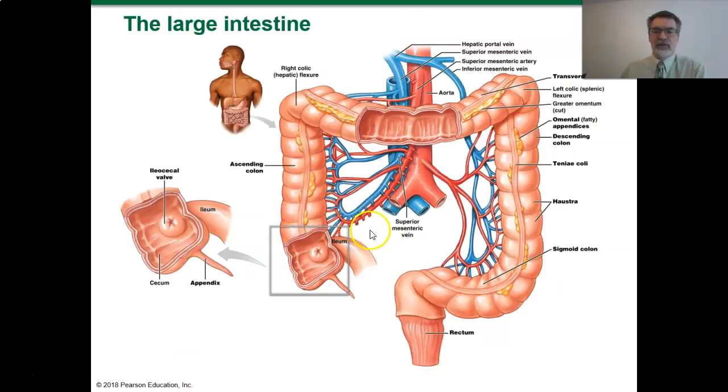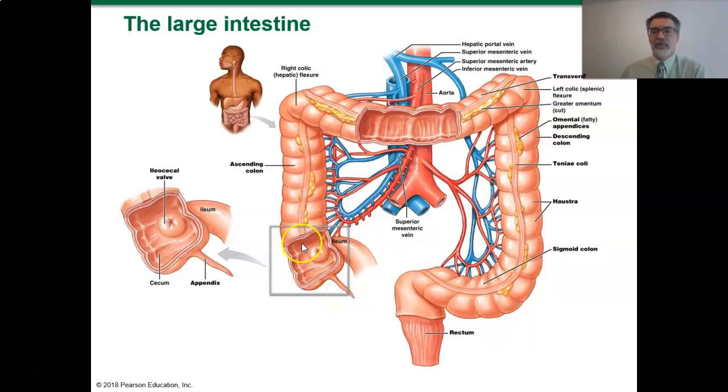Right, so here is the end of the ileum, the ileocecal valve, as it's referred to. Again, it's not so much a sphincter, it's a valve to help allow material to leave the small intestines and enter the large intestines. So the beginning part of that is the cecum with the appendix, lymphatic tissue in there.